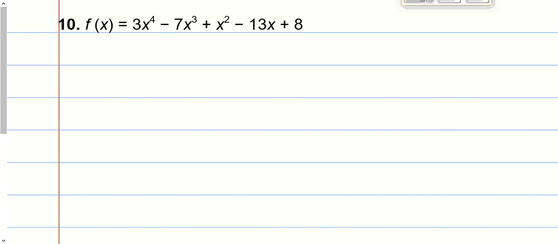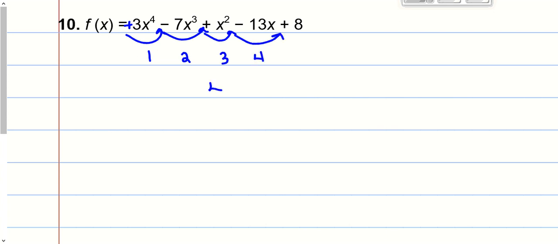All right, so for the last one, we're going to look at another one of these. Let's go ahead and look at sign changes for positive real solutions. So if it starts out positive, it goes to negative, so that's 1. Back to positive makes 2. Back to negative makes 3. And back to positive makes 4.